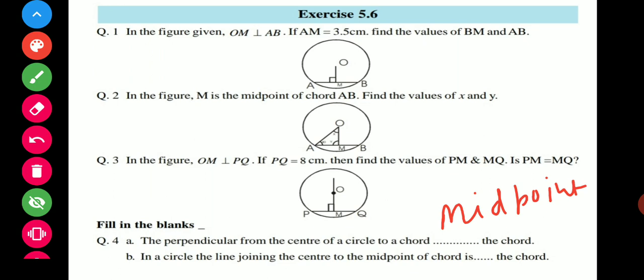In the second, in a circle, the line joining the center to the midpoint of the chord is perpendicular to the chord. Here you can write perpendicular to the chord. You can fill both.